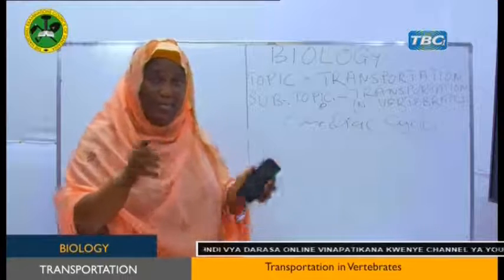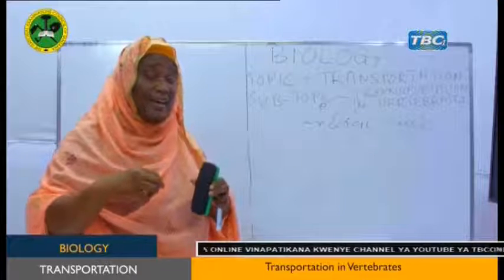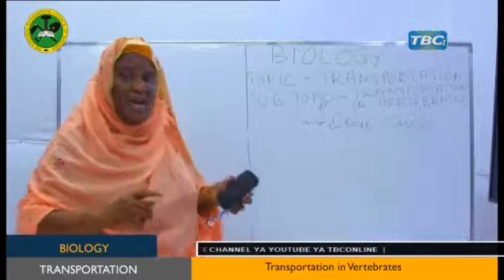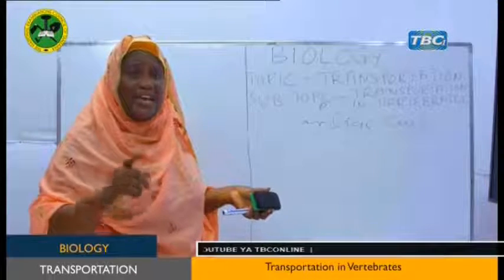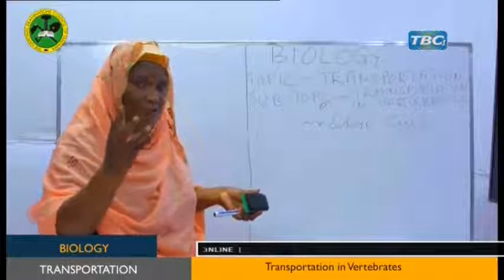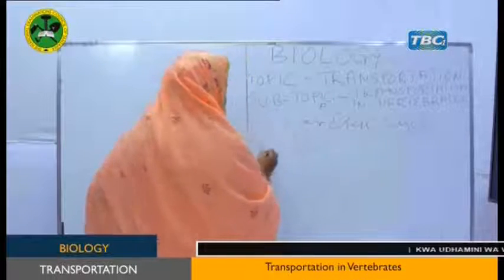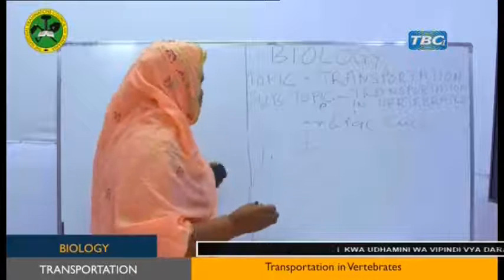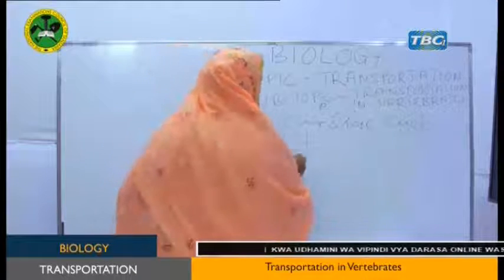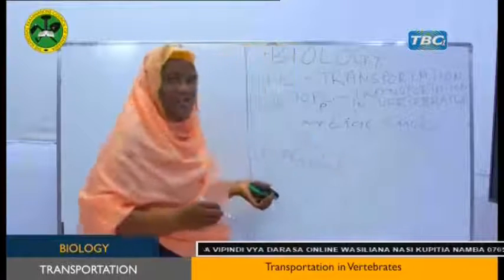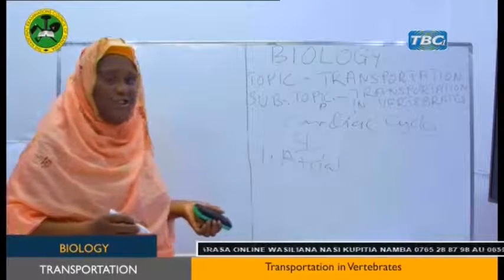Mind you that those events take place in the heart. Therefore, these cycles have been divided into 4. The first one is known as Atrial Diastole.